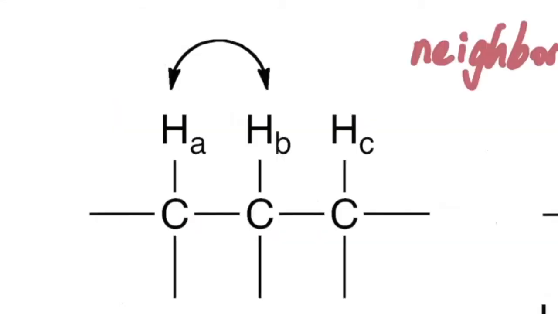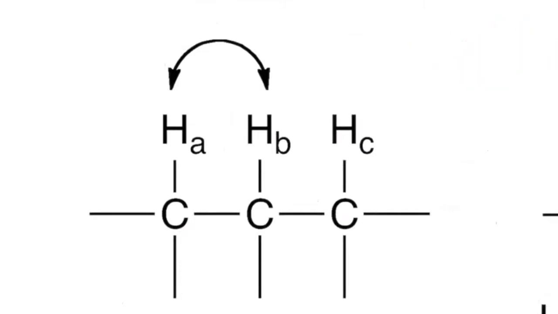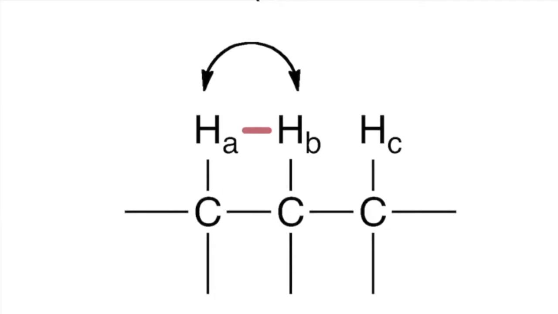So previously, when we were trying to assign R and S, the neighbor we talked about is just the carbon next to you. But now, since we are going to talk about proton NMR, this HA and HB are neighbors. The neighbor doesn't mean it's bonded to the same carbon. It has to be the carbon next to you. So the proton on this carbon, carbon 1, and the proton on this carbon, carbon 2, are neighbors.